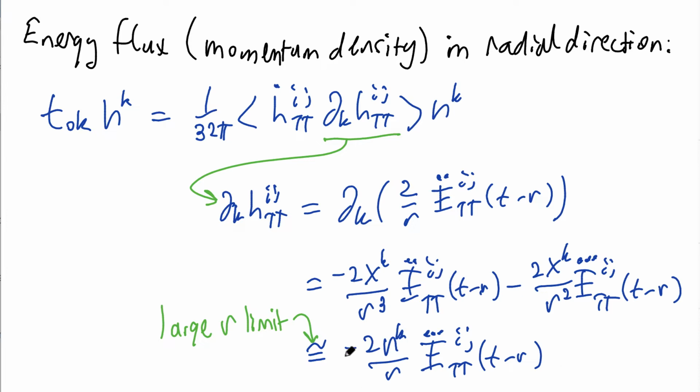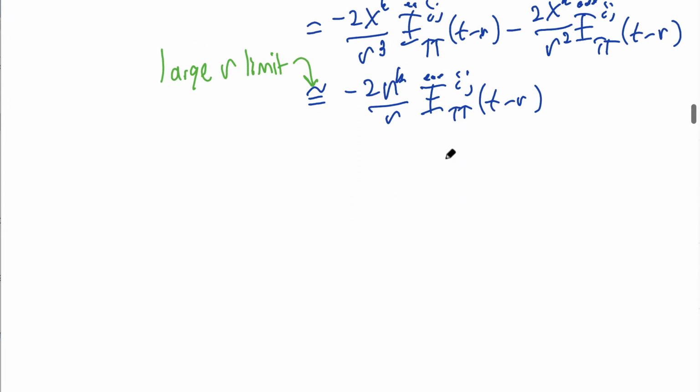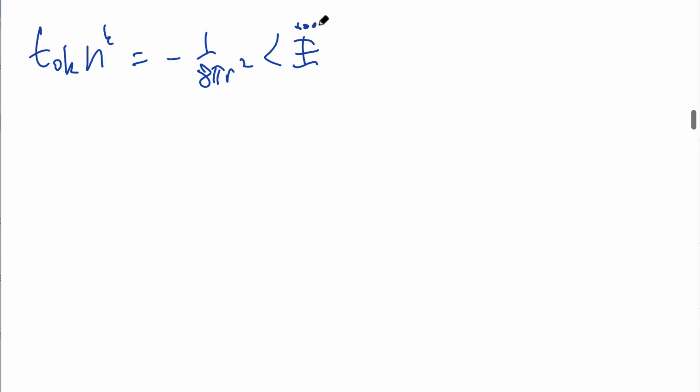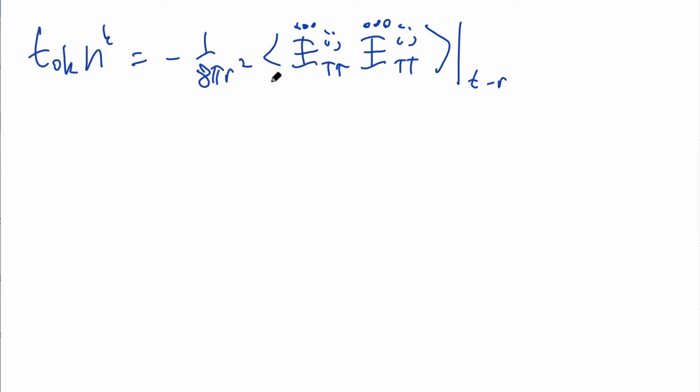Now using this result in here, you'll notice that the n^k times n^k just gives a factor of 1. We find for the energy flux in the radial direction, T0k n^k equals minus 1 over 8 pi r squared times the average of I triple dot_ij^TT times I triple dot_ij^TT. This is evaluated at the retarded time.